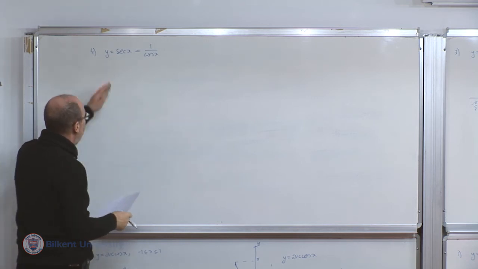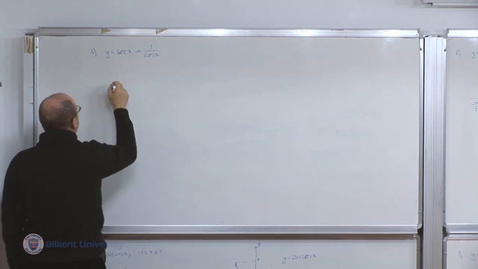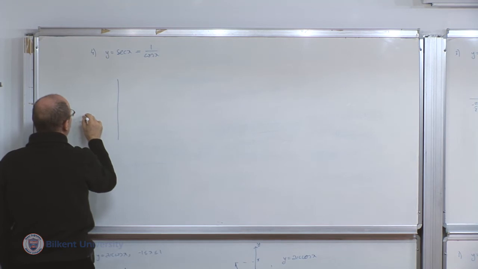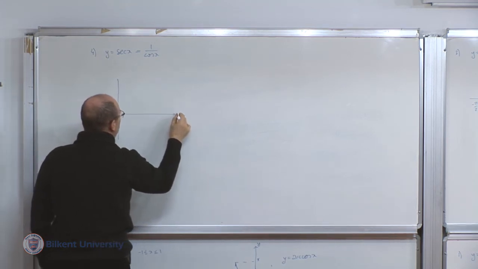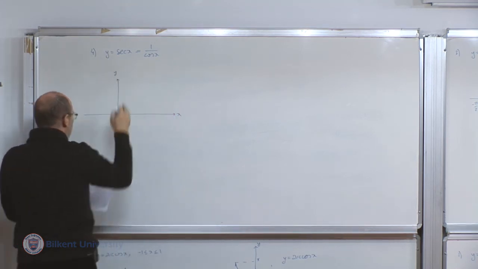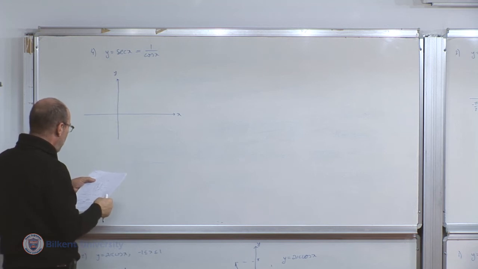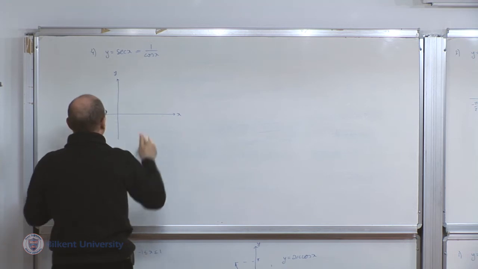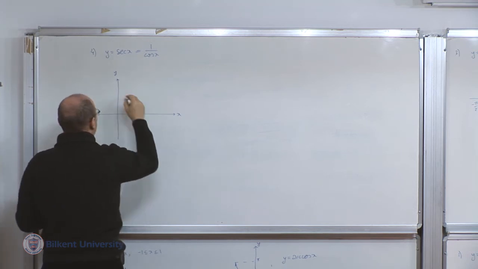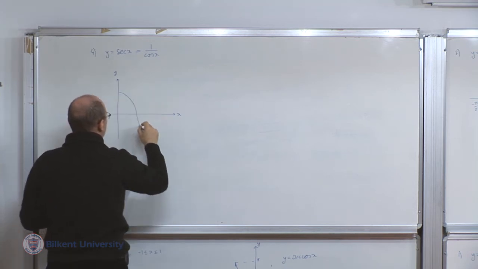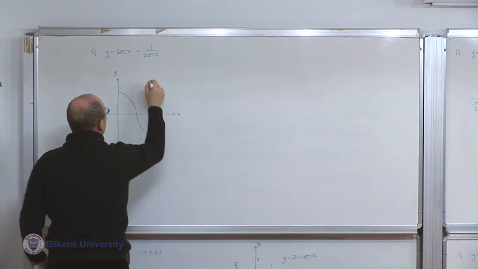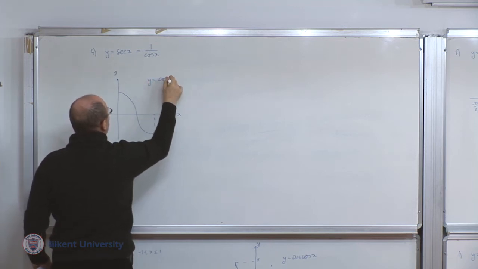So let us start with the graph of cosine x. So x, y, and say which part. I'll use this part again, so I won't draw all of this. So let us take this part. This is y equals cosine x.